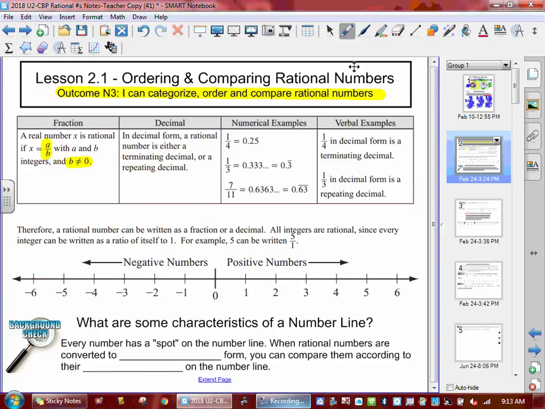Okay? So, when we talk about decimal form, any kind of number can always be put into a terminating decimal. I can change any digit to a decimal by going 0.0. So every number can be put into a decimal if it is a rational number. If it's an irrational number, that's one of the things that is different about them. Irrational numbers can never be put into fractions.